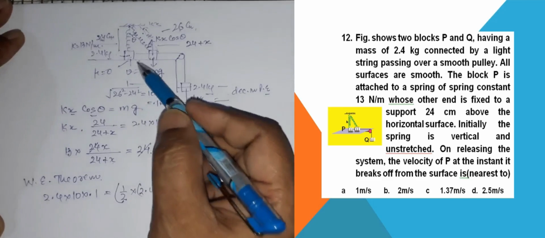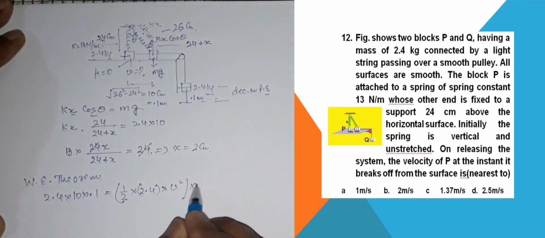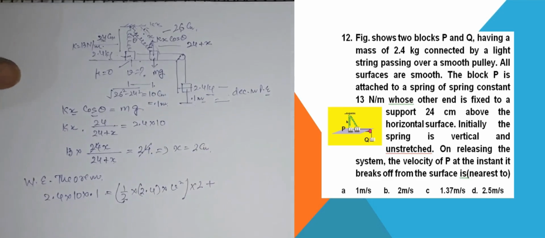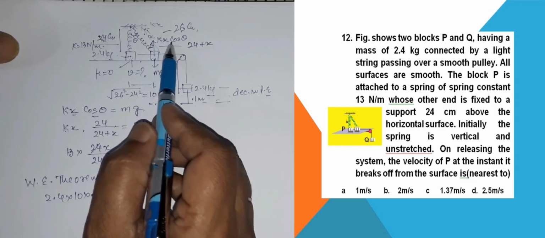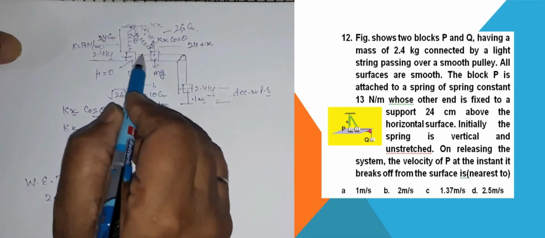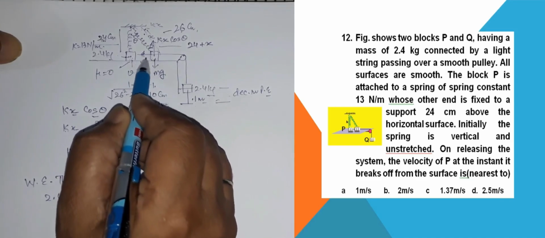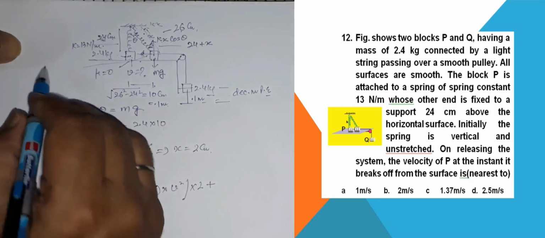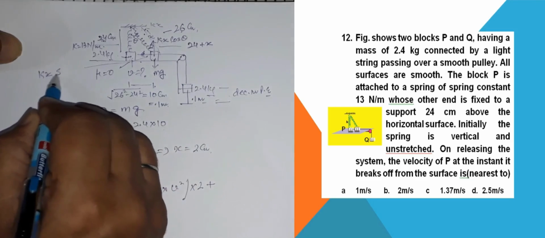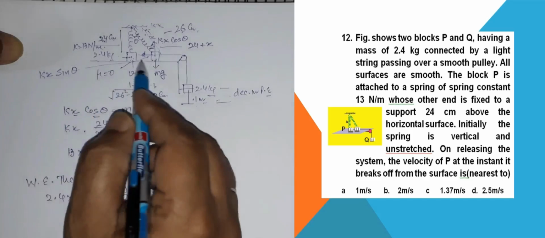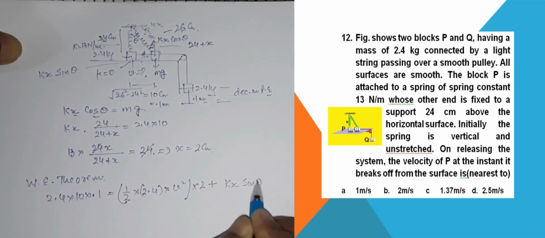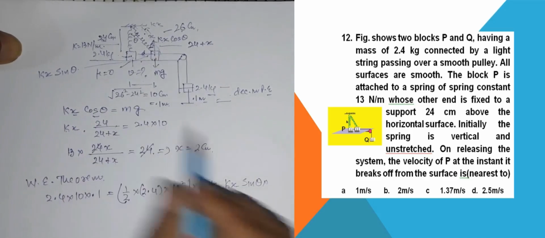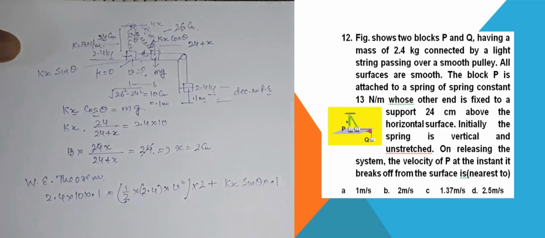That means this plus this into 2 plus this has component kx sine theta in this direction. That means plus kx sine theta into 0.1.